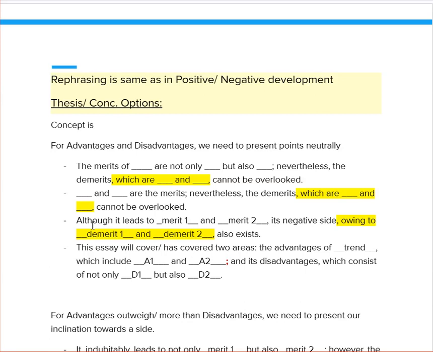Another one: although it leads to merit 1 and merit 2, its negative sides, demerit 1 and demerit 2, also exist. This essay will cover two areas: the advantages of the dash trend, which include A1 and A2, and its disadvantages, which consist of not only D1 but also D2.